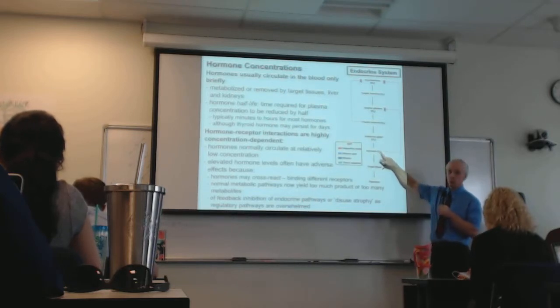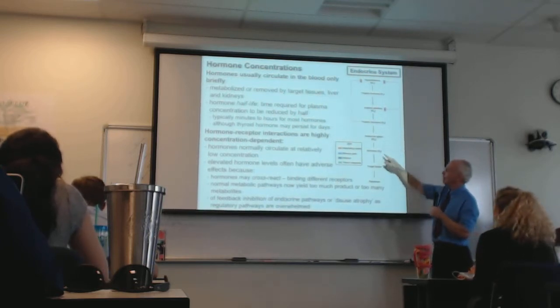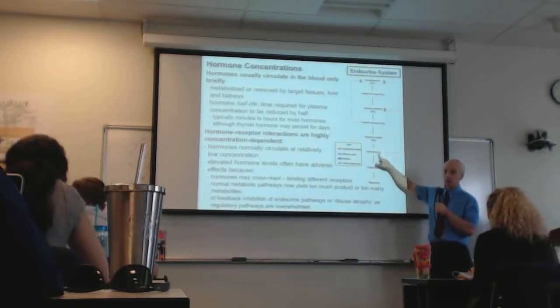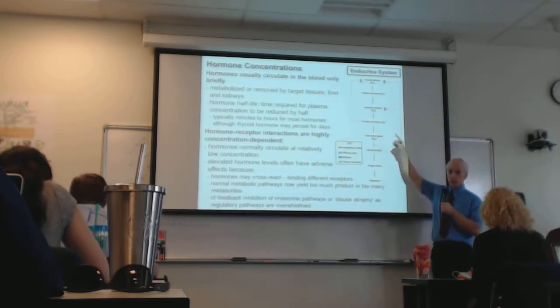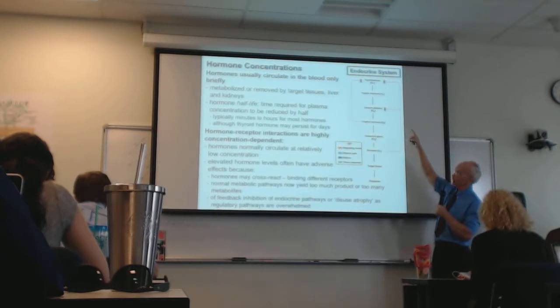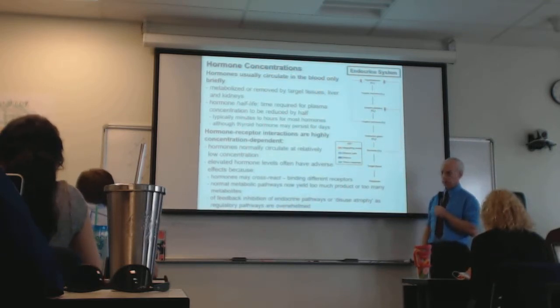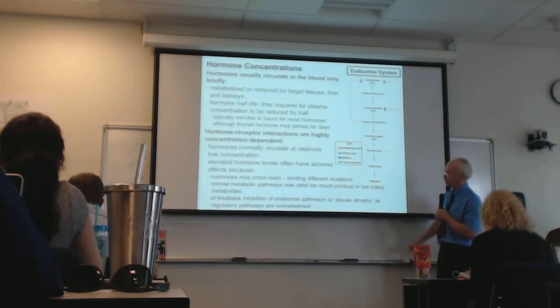Remember, what prompted the release of thyroid hormone to begin with? A hypothalamic hormone. So as thyroid hormones increase, that's going to trigger a reduction in the release of both the hypothalamic hormone and the pituitary hormone that were directly responsible for their release. And that's a type of feedback.